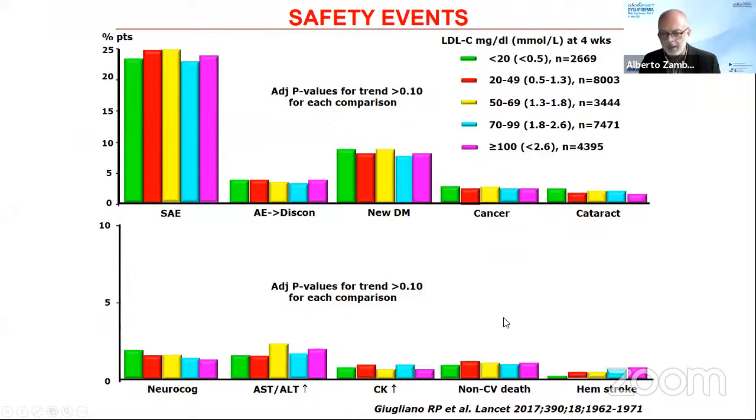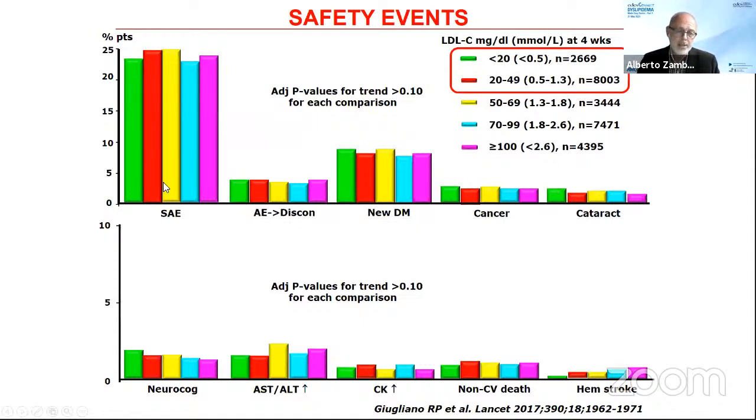One can be worried about having such a large number of people achieving such low levels. If you look at the numbers here, the green and the red columns, those who achieved an LDL cholesterol less than half millimole or between half millimole and 1.3 are about 10,000 people, so a large number.